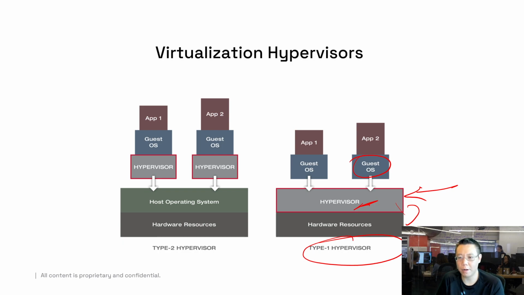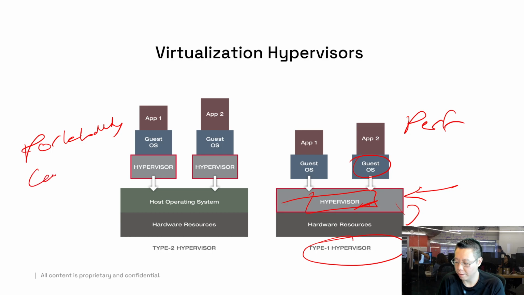So if you don't have certified equipment on certain hardware configurations, you just build something and hope that it works, you will have less of a likelihood of working out 100% from a type 1 versus a type 2 hypervisor. So performance on this side, and then portability and compatibility on this side.